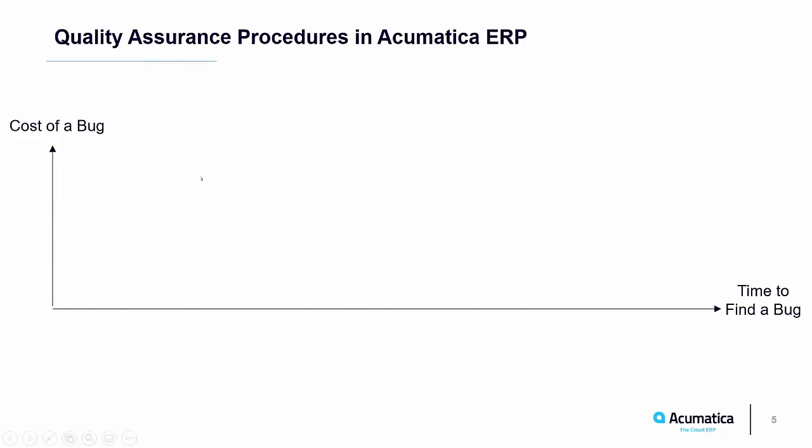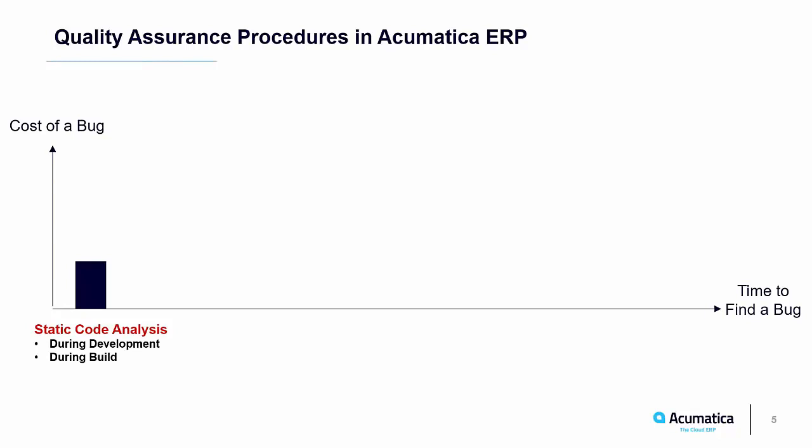So let's start with the simplest and the earliest type of bugs, these are bugs found during the development. During the development, a developer can either just find the bug by observing the code, or the developer can rely on some static code analysis tools or on the compiler to help him or her to find a bug.